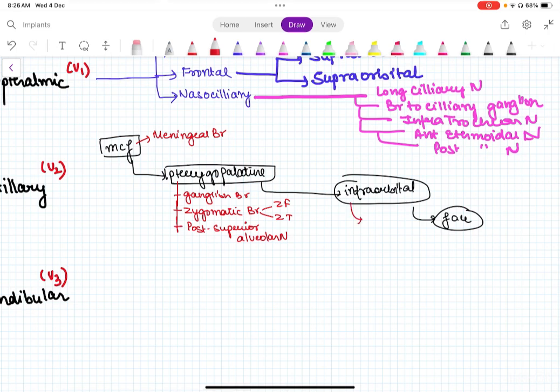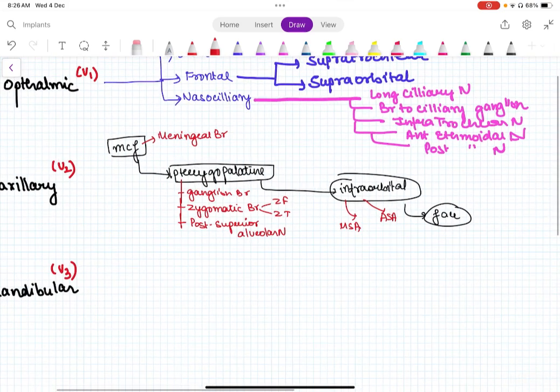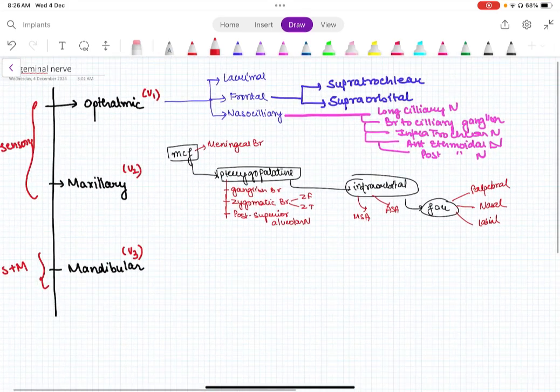Now here you will know that it gives 2 branches, ASA and MSA: medial superior alveolar nerve and anterior superior alveolar nerve. Now face, just know what all it is going to supply. It is going to supply eye, palpebral, nasal, labial. Alright, this is the maxillary division of trigeminal nerve.